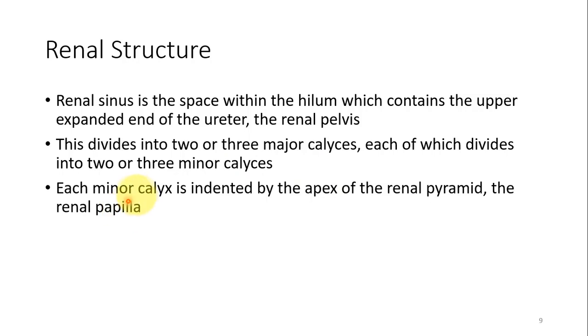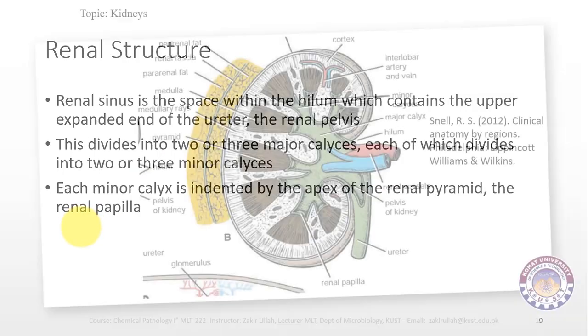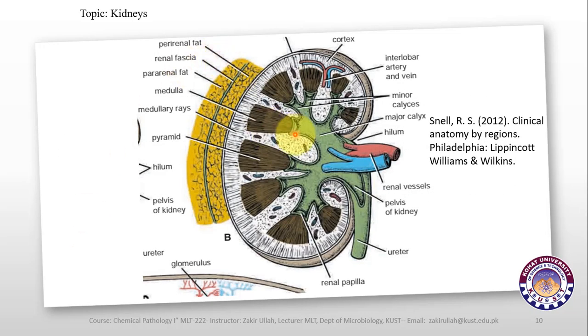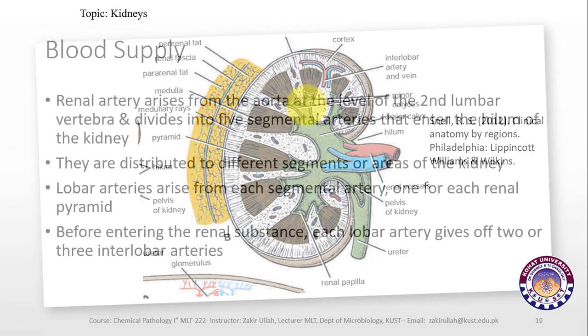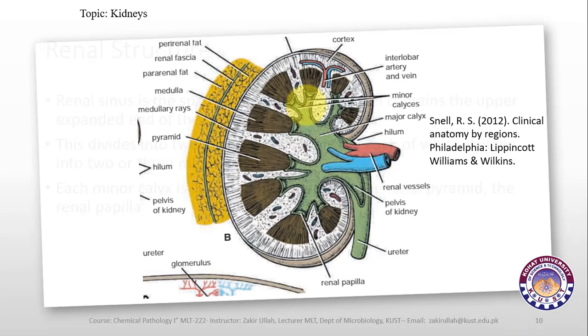Each minor calyx is indented by the apex of the renal pyramid, which is called the renal papilla. So this is the renal pyramid or the renal papilla, which is connected with these minor calyces. This is the structure of the kidney.